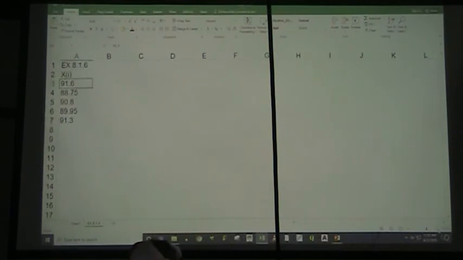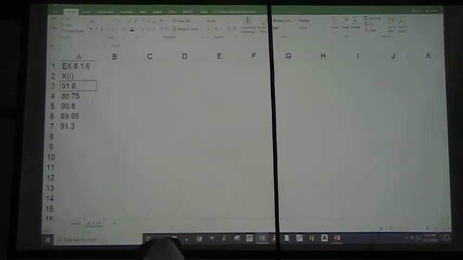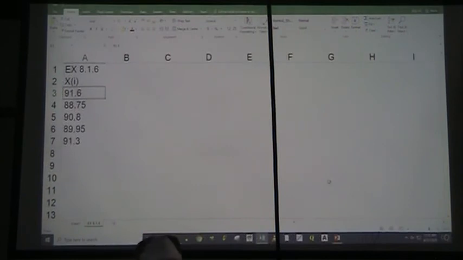All right, so these are my x_i values. I need to make this a lot bigger. All right. Now, I want to find a couple of things.